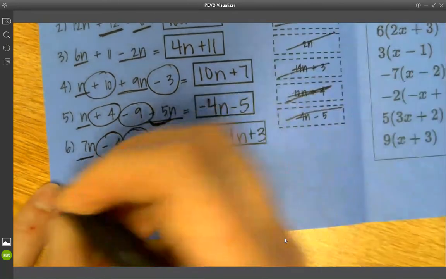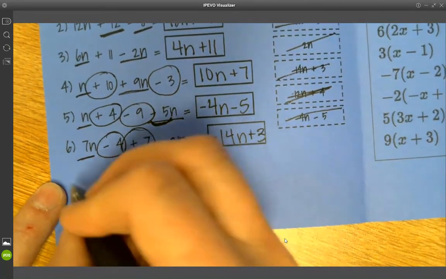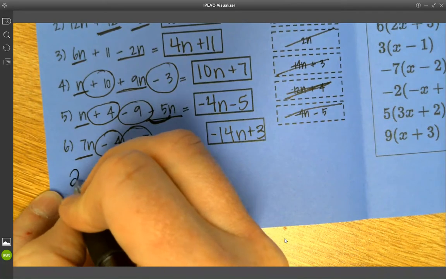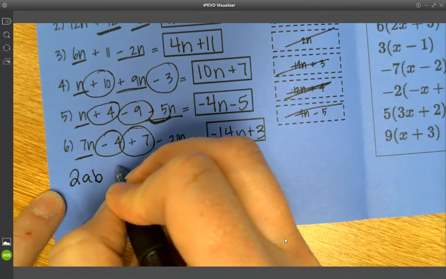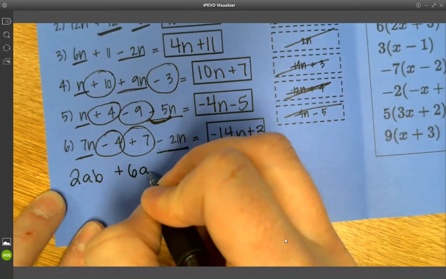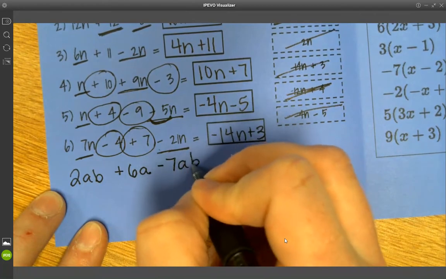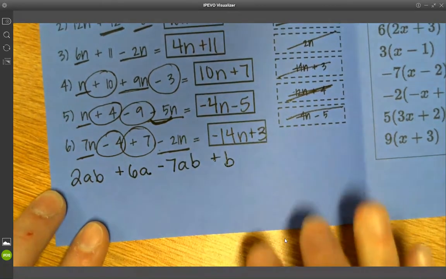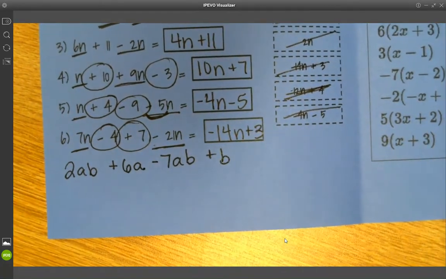Okay, let's do one with multiple variables. I'm going to add an extra problem. So 2ab plus 6a minus 7ab plus b. They must have the exact same variables.